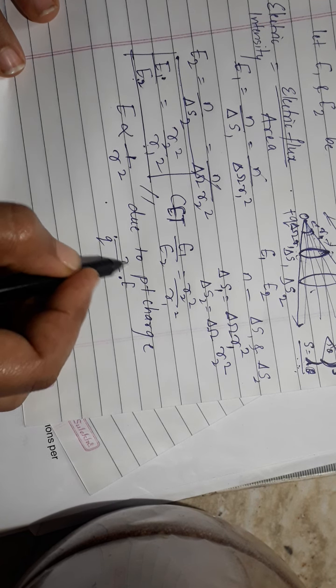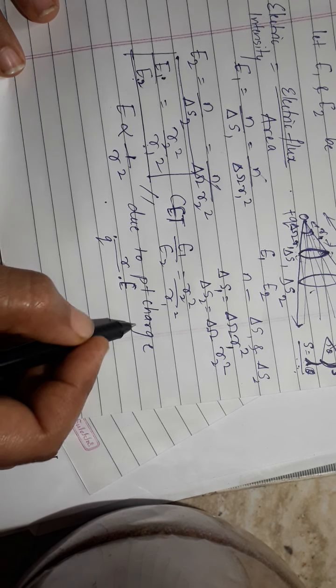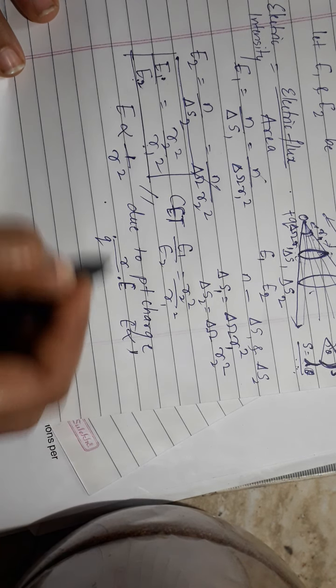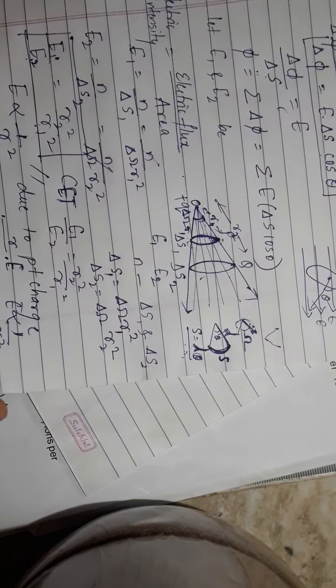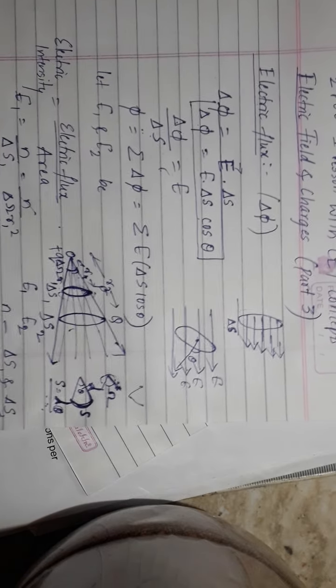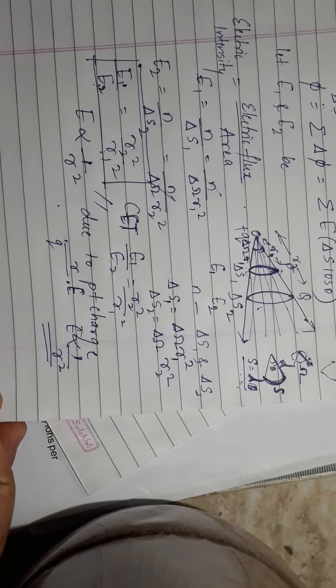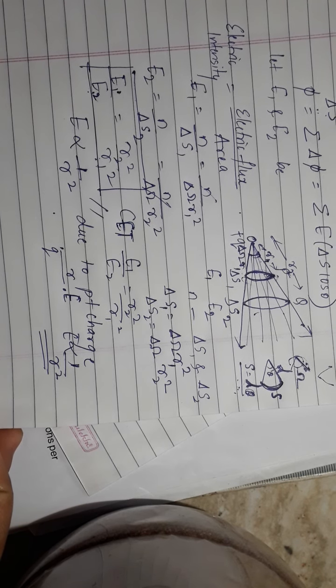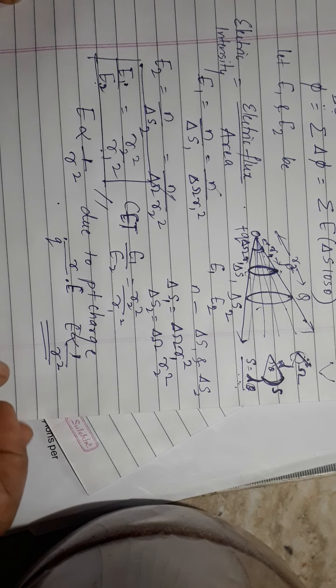If the distance is R, then the electric field at that point is inversely proportional to R square. This is important, so please note it down. You can take a screenshot or pause the video and make notes. If you make the notes, you will remember it and can revise it once again.